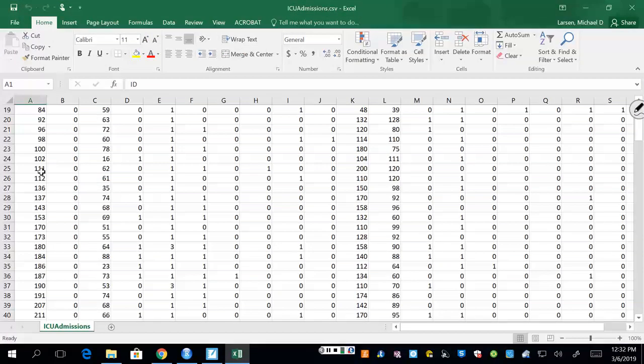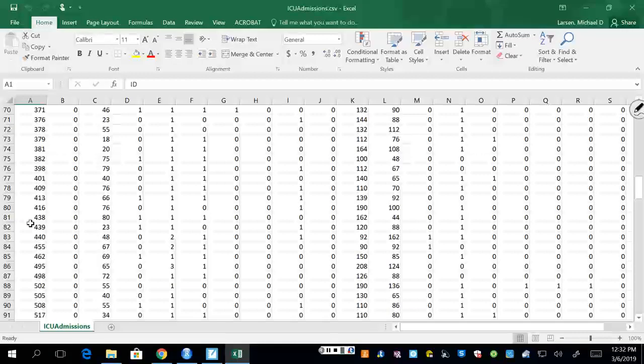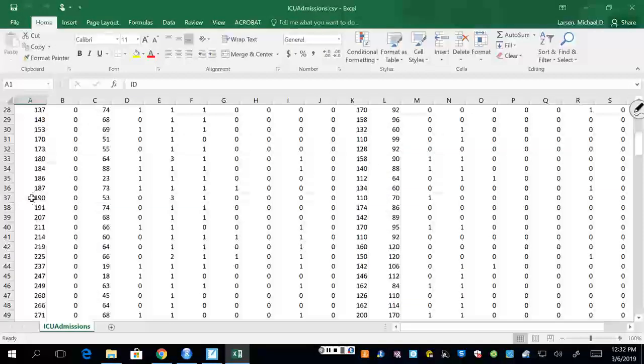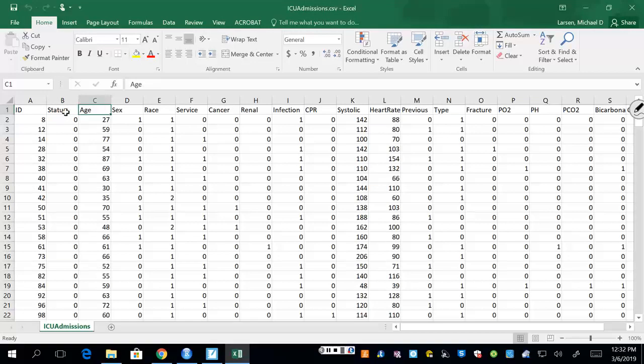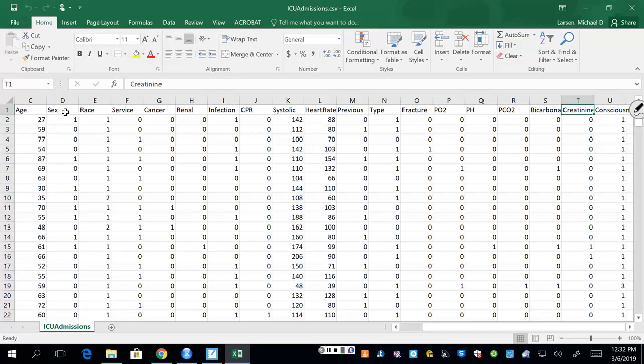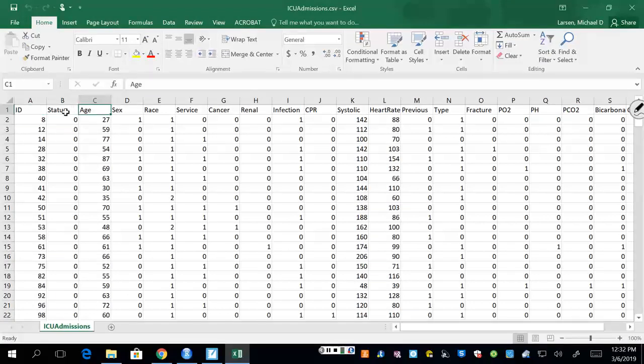There's a number of patients, 200 patients in fact. These are their ID numbers. And there's ages, sex, male and female encoded there, race, and other things, systolic blood pressures, and so on.